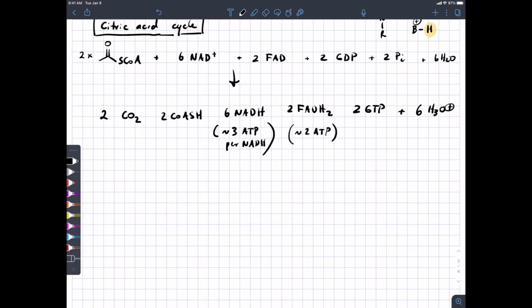That's about 2 ATP per FADH2. So overall, if you do the maths, you're going to get about 24 ATP out of this process. And if you think about what we did in glycolysis, what was it? The yield was maybe 2 measly molecules of ATP and a couple of NADHs or something like that. So this is where most of our energy comes from.